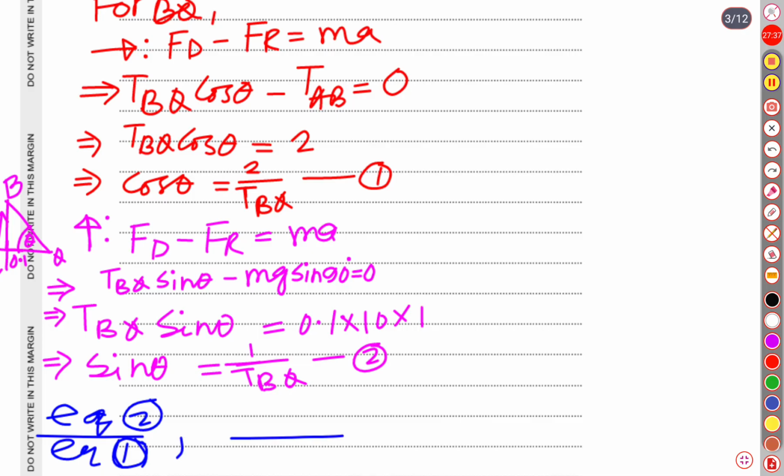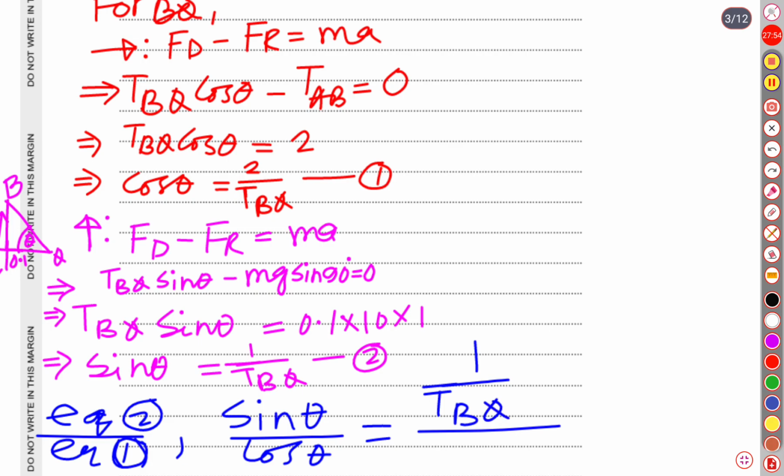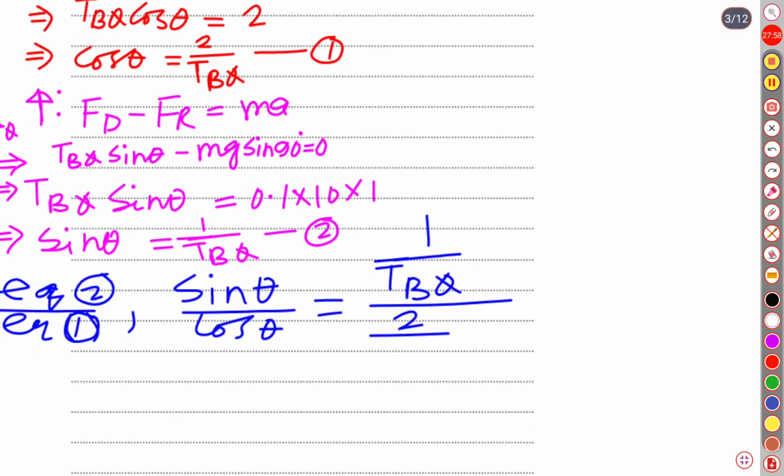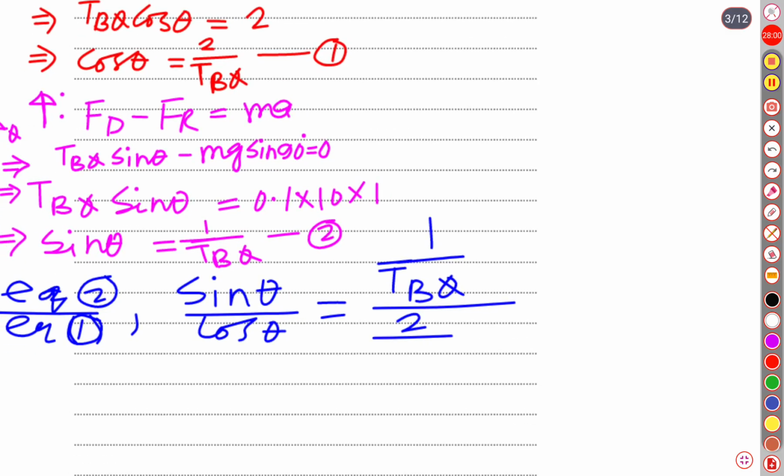So it is going to be sine theta over cos theta equal to, the right side of the second equation was 1 over tension in the string BQ, over the first equation, which was 2 over tension in the string BQ.